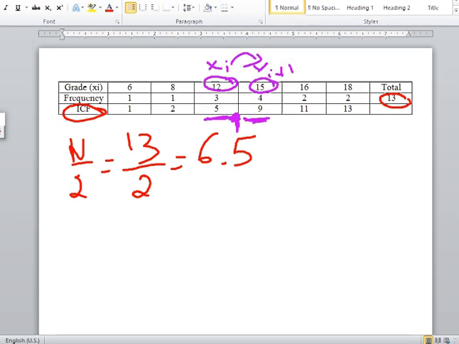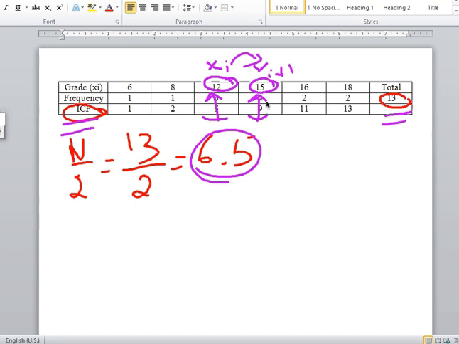So first of all, what I did, let me repeat. I found n over 2, so total frequency divided by 2, 13 over 2, I'll get 6.5. You look at the increasing cumulative frequency. 6.5 lies between 5 and 9. 5 and 9 correspond to these x values, xi's, so they correspond to 12 and 15.